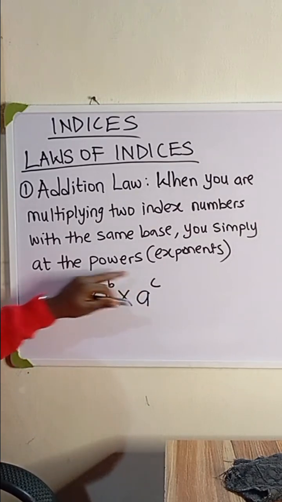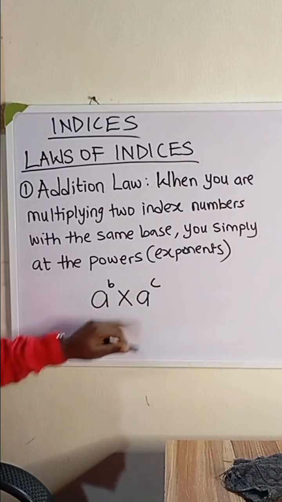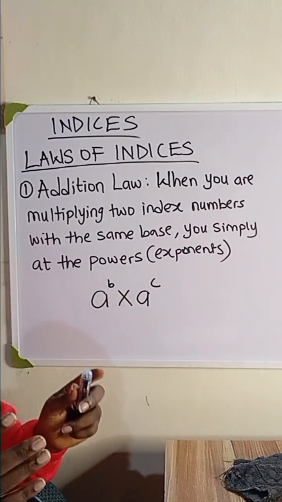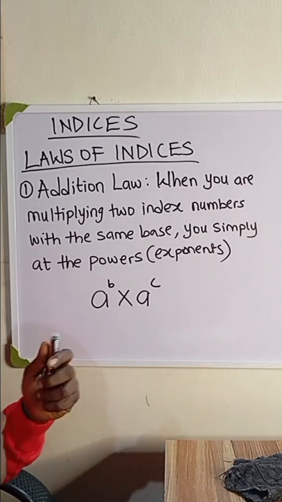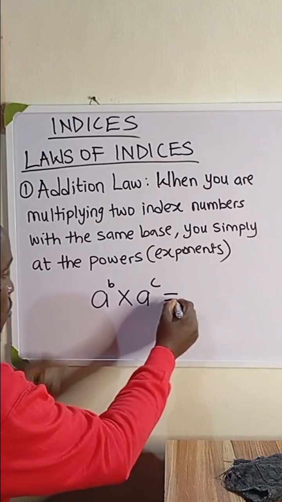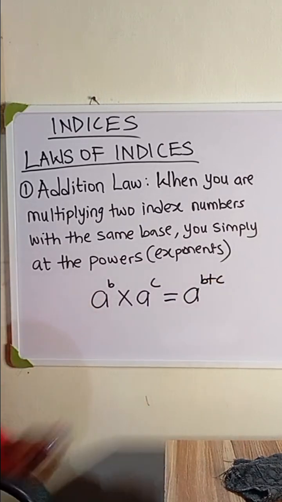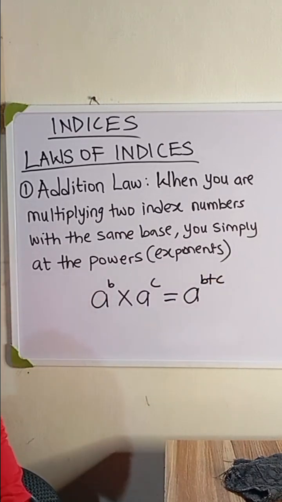Although the powers are different, the bases are the same. So once you are multiplying indices with the same base, all you need to do is add the powers. So this will be equal to a to the power of b plus c. You pick one of the two bases and then you add the powers.